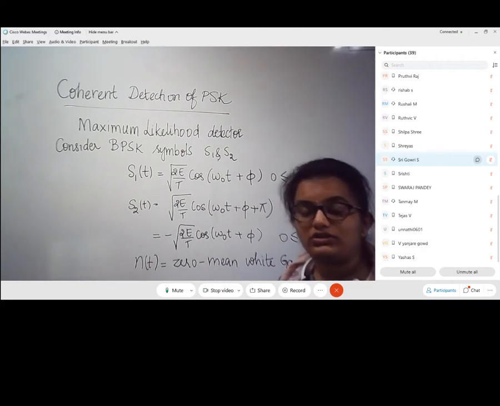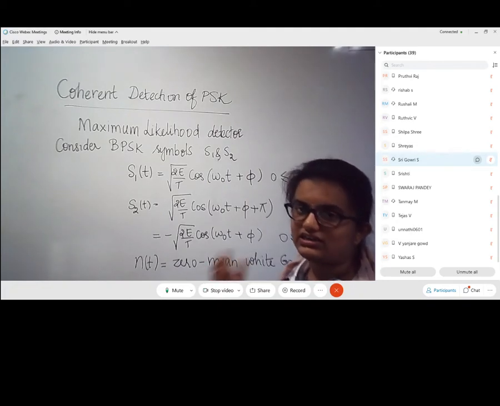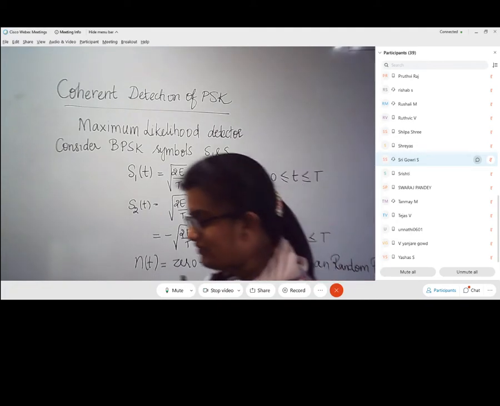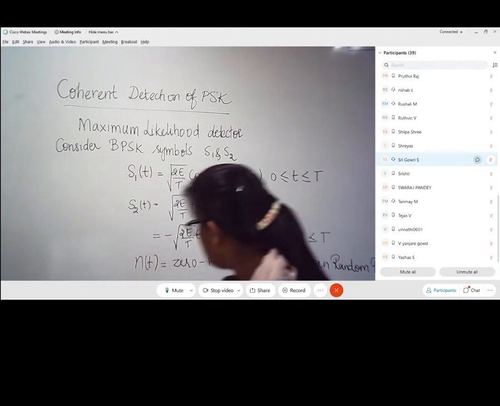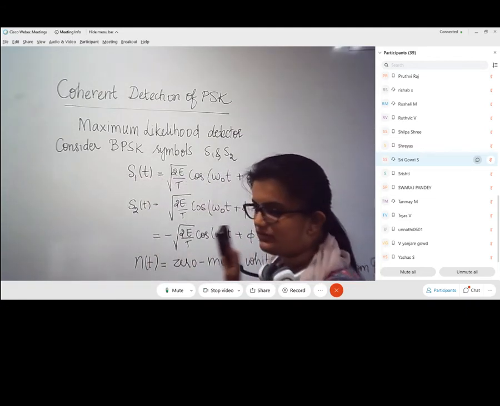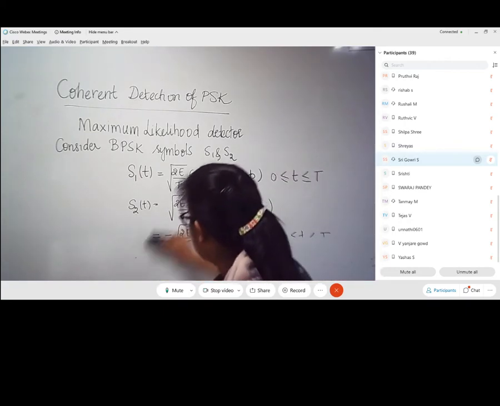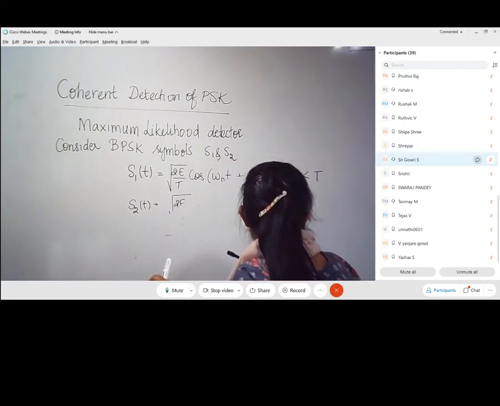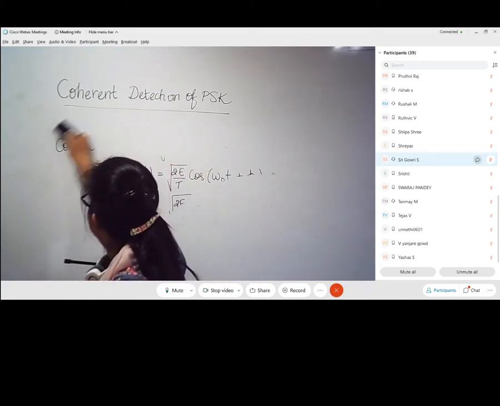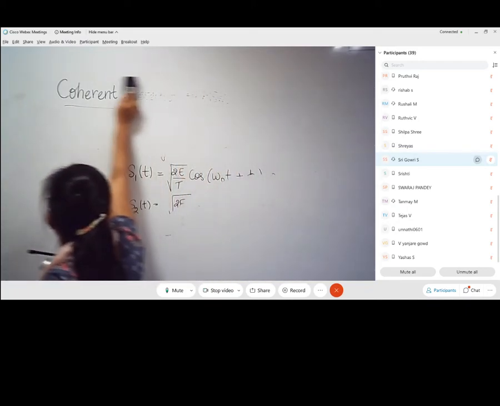Whenever it is non-coherent, we are not going to consider the phase of the carrier at the receiver side. So for simplicity's sake, for the analysis purpose, we are going to assume that the initial phase of the carrier is equal to 0.